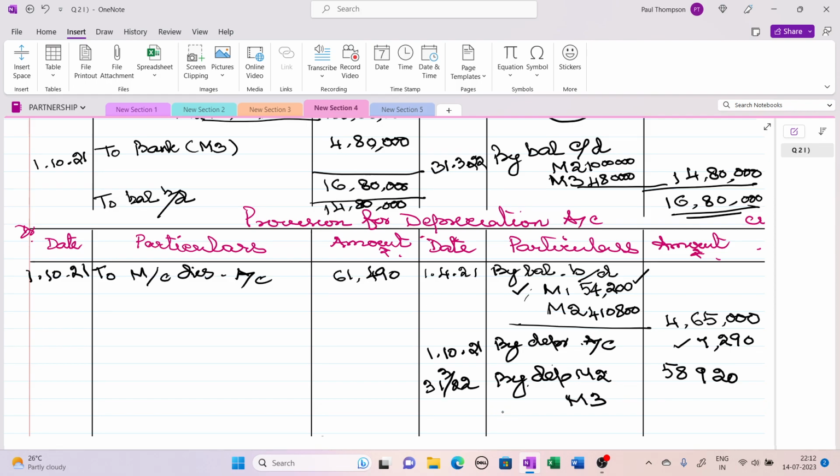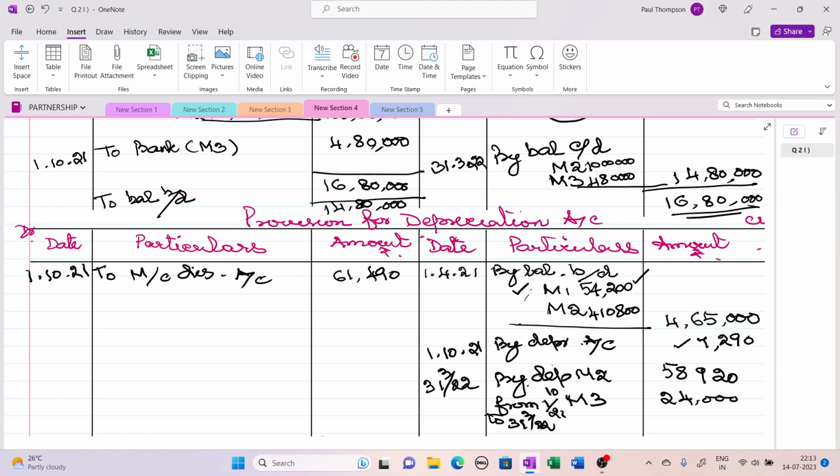So here depreciation from 1 October 21 to 31st March 22, it is 6 months. So what is your 4,80,000? For full year it is 48,000. For half of the year it is 24,000.